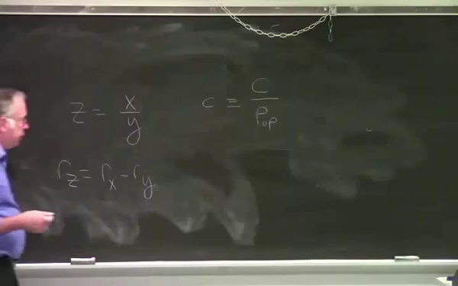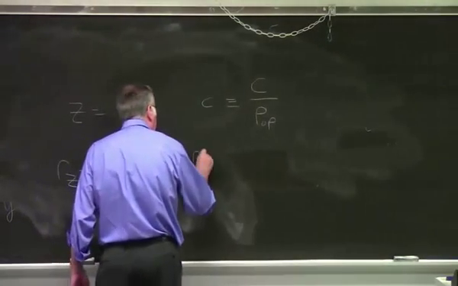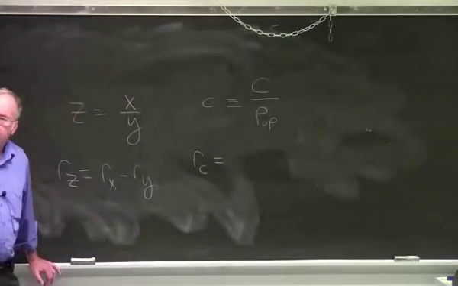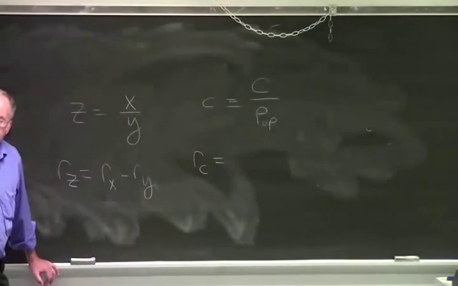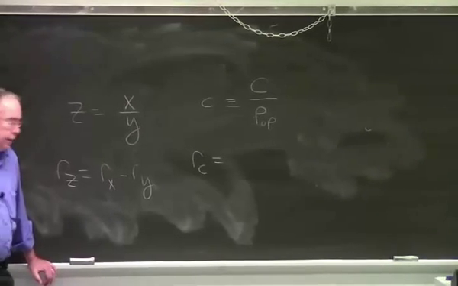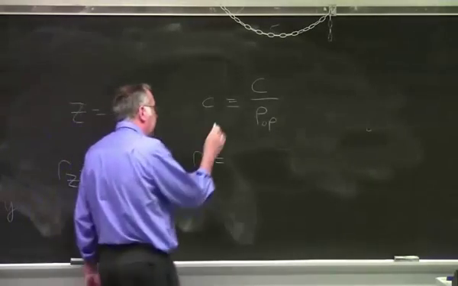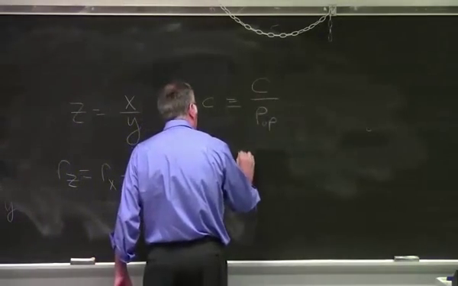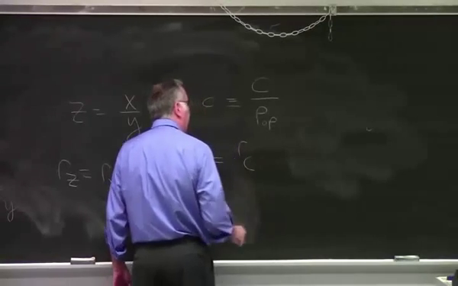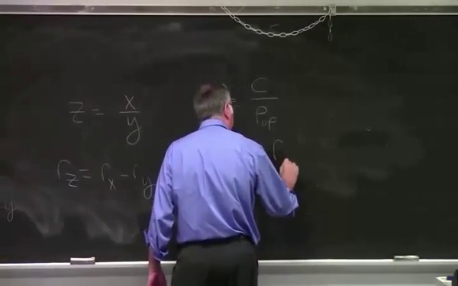Then if you're interested in the growth rate of consumption per capita, it's going to be equal to what, Jay? The growth rate of little c is just going to be the growth rate of total consumption, big C, minus the growth rate of population.